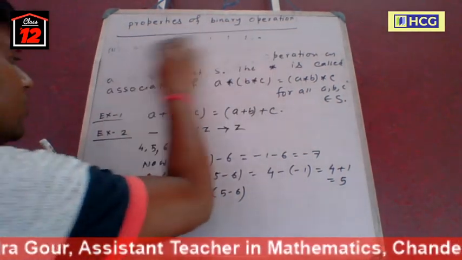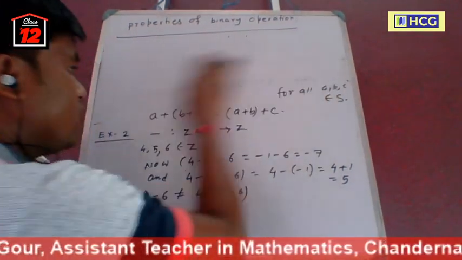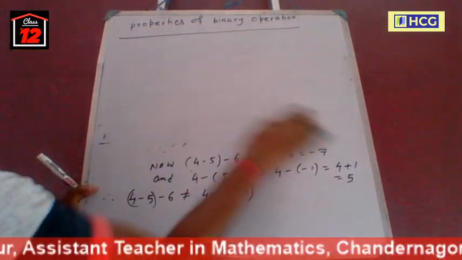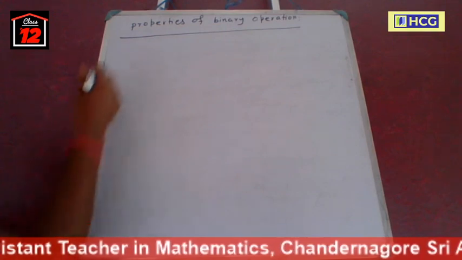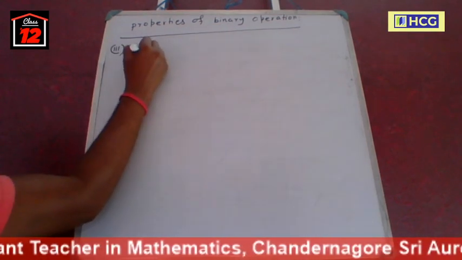Next property, number 3, the distributive property.